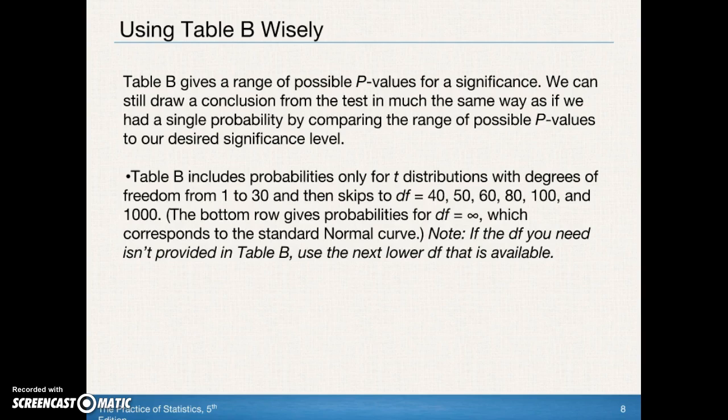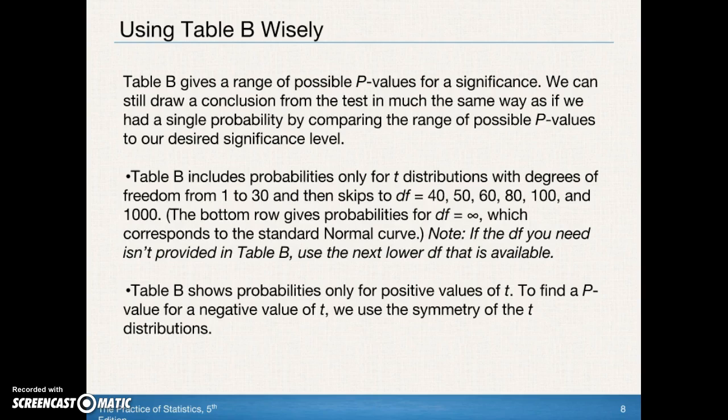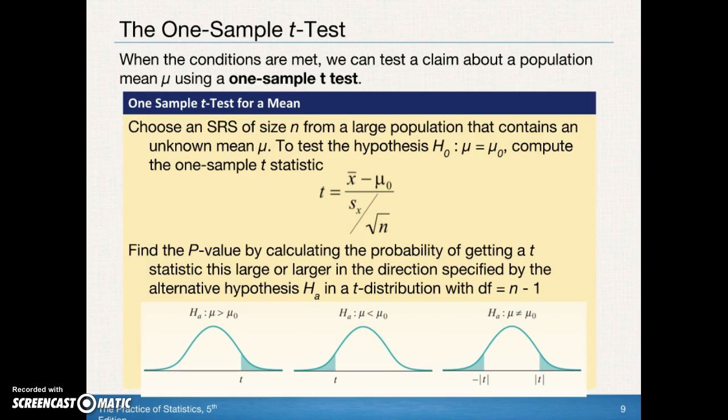So we're always going to round down or go to that lower level like we did before. And then, table B shows the probabilities only for the positive T's. So even if you calculate your T and you get a negative, we know that that table is symmetric so that you know that the numbers are going to be exactly the same. So just things to be aware of.